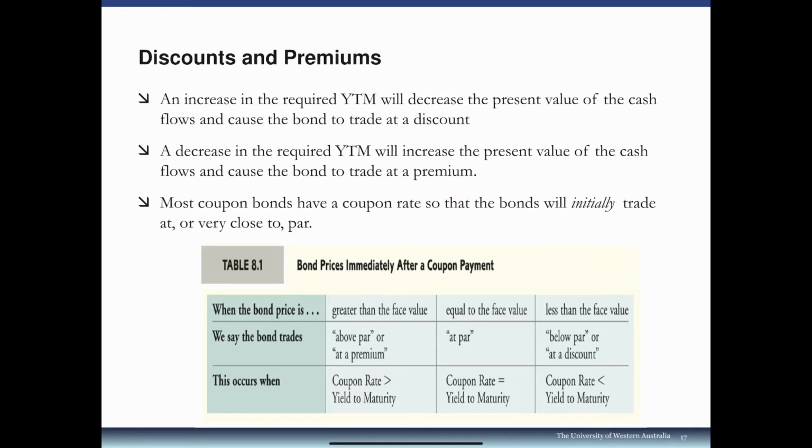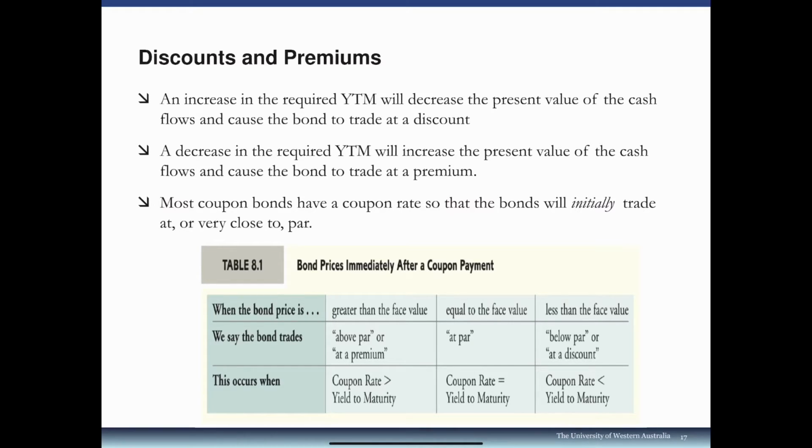So in this case, when the required yield to maturity increases, which means the lender requires a higher return, and given the fixed income, which means you know what the future income stream is going to be, because the face value is all determined and the coupon payment is all determined, that means the higher the interest rate, the lower the bond price.